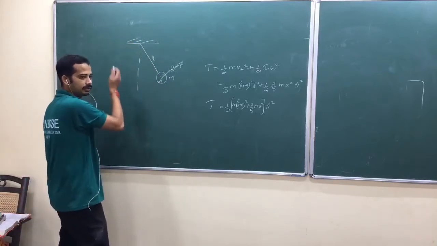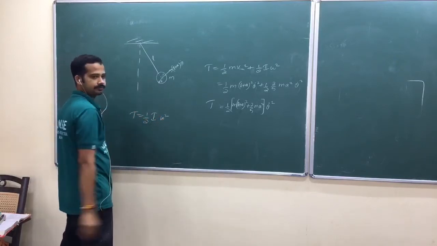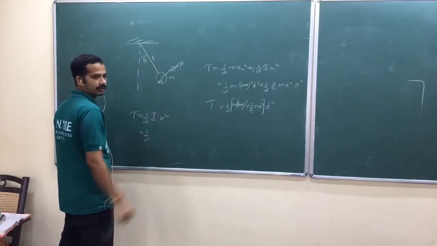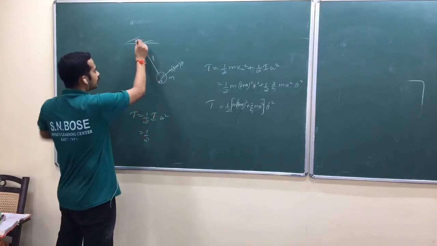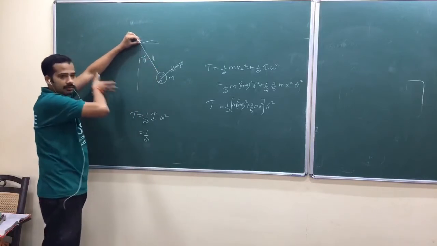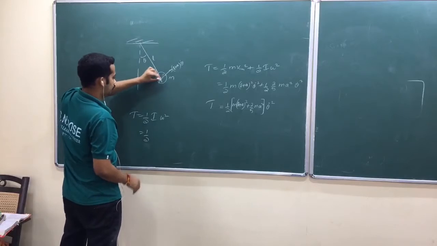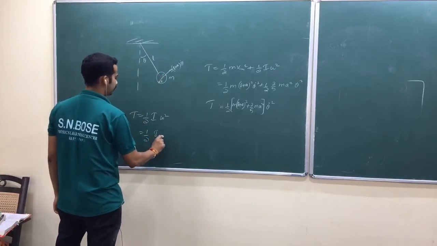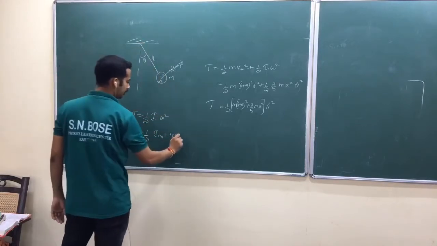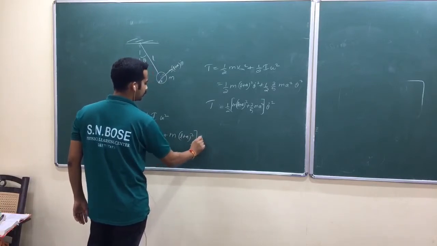So as a whole, I can write kinetic energy equal to half I omega squared, where theta is the angle, and I is the moment of inertia of this whole rigid body about this axis. Then I_CM, the moment of inertia about the center of mass, plus mass into the distance between the parallel axes, L plus A, whole squared, into omega squared, where omega is theta dot.